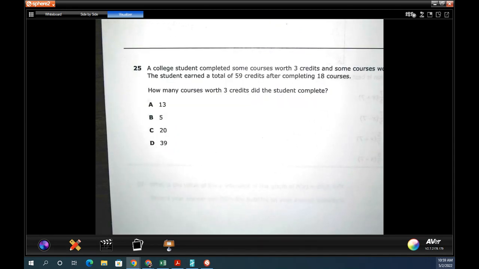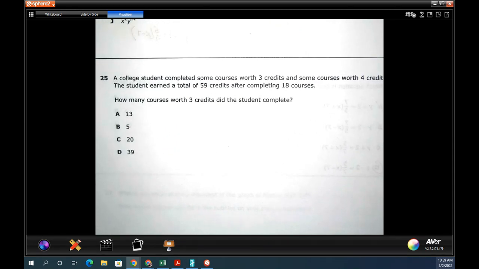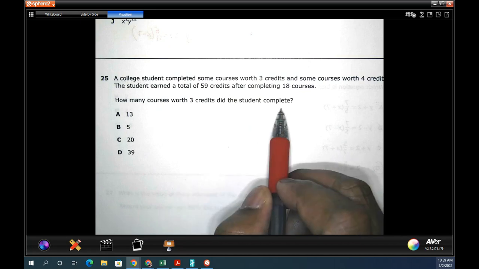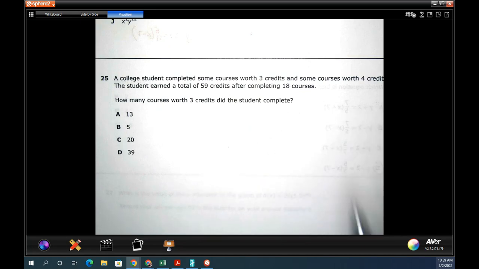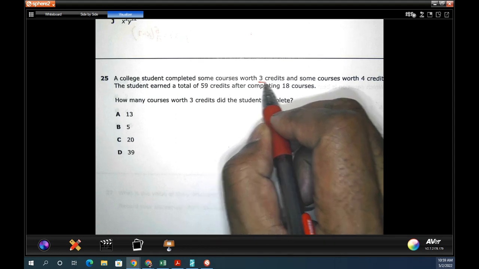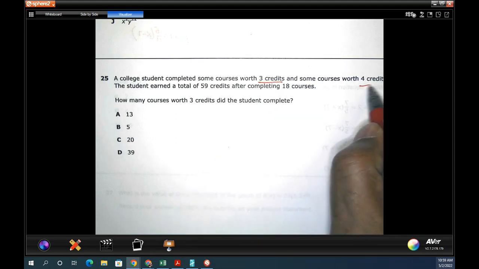25. A college student completed some courses worth 3 credits, some courses worth 4 credits. The student earned a total of 59 credits after completing 18 courses. How many courses worth 3 credits did the student complete? First, you got to get your equation. So there were courses worth 3 credits, some worth 4 credits.